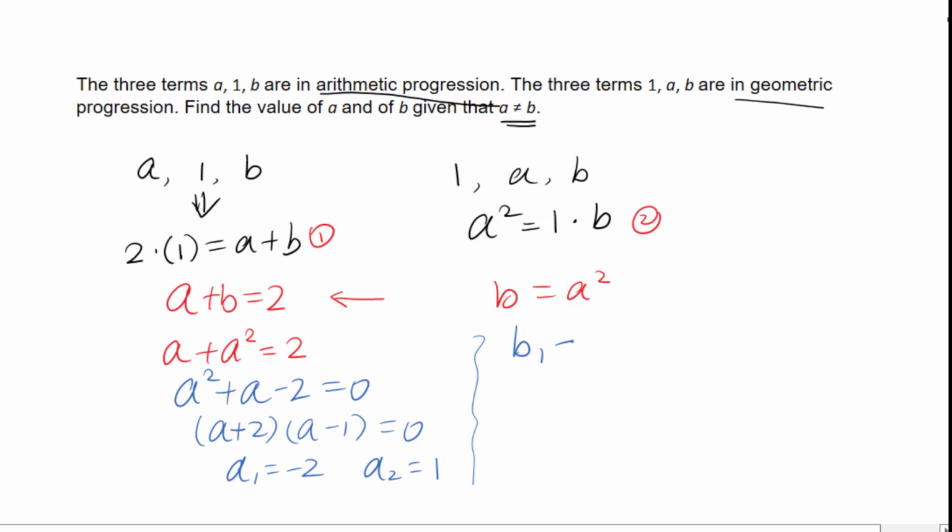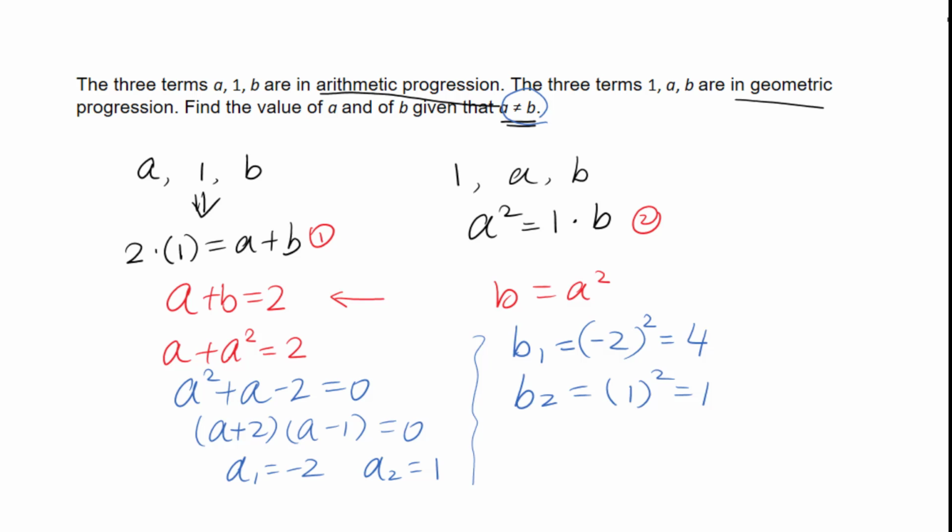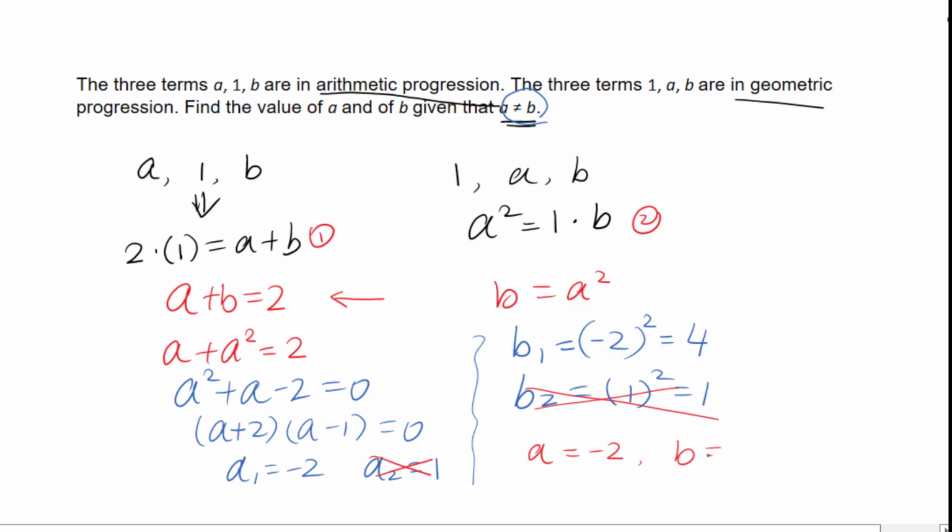Then for B1 equals (-2) squared equals 4. For B2 equals 1 squared equals 1. Since A is not equal to B, we cross out this B2 and A2. We only get A equals -2, B equals 4. Then we plug back in to check whether A, 1, B form this arithmetic progression.